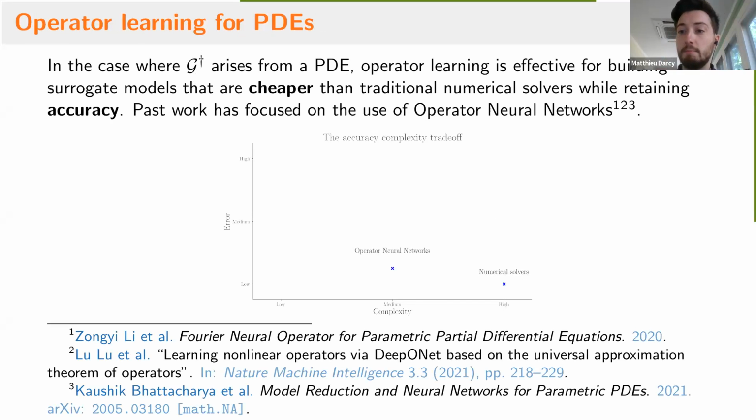For example, it might map the initial condition of a PDE to the solution at some fixed time in the future, some big capital T. In this context, data-driven operator learning is effective for building surrogate models, that is, models which are cheaper than traditional numerical solvers while retaining accuracy.